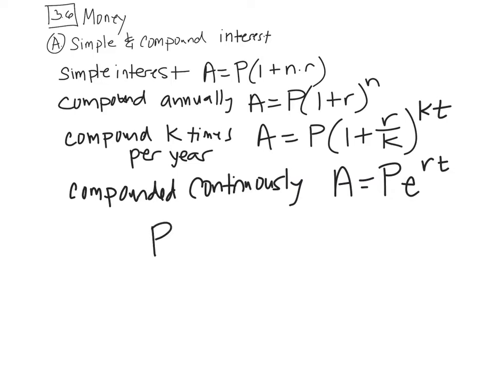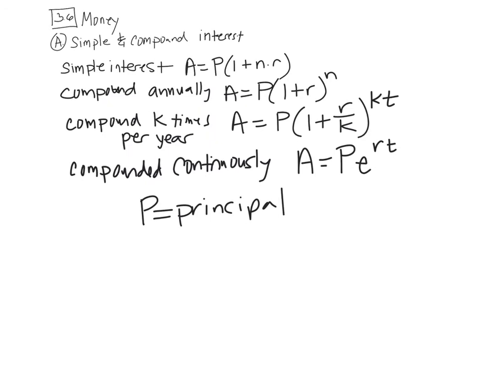That P that you see there is your principal. It's the amount that you're going to invest, and then you're just going to leave it alone. Okay? So I put $1,000 into the bank for 3 years. That doesn't change. $1,000, I'm not adding to it. I'm just putting $1,000 in and walking away. R is going to be the rate that they're going to give you, the percentage rate.